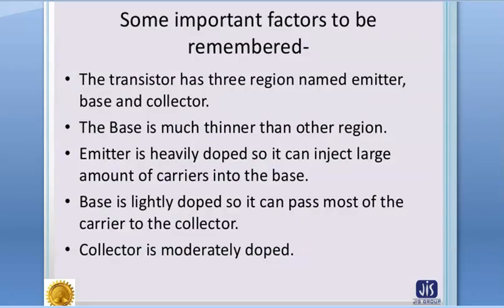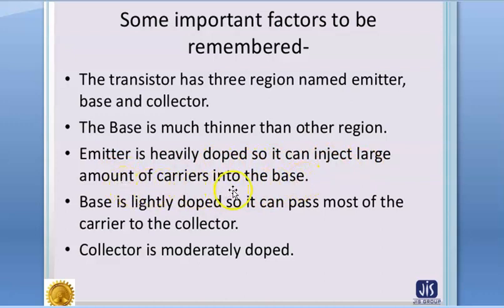Now some important factors to be remembered, as I already discussed: the transistor has three regions, named emitter, base and collector. The base is much thinner compared to the other two regions. Emitter is heavily doped, so it can inject a large amount of carriers into the base.